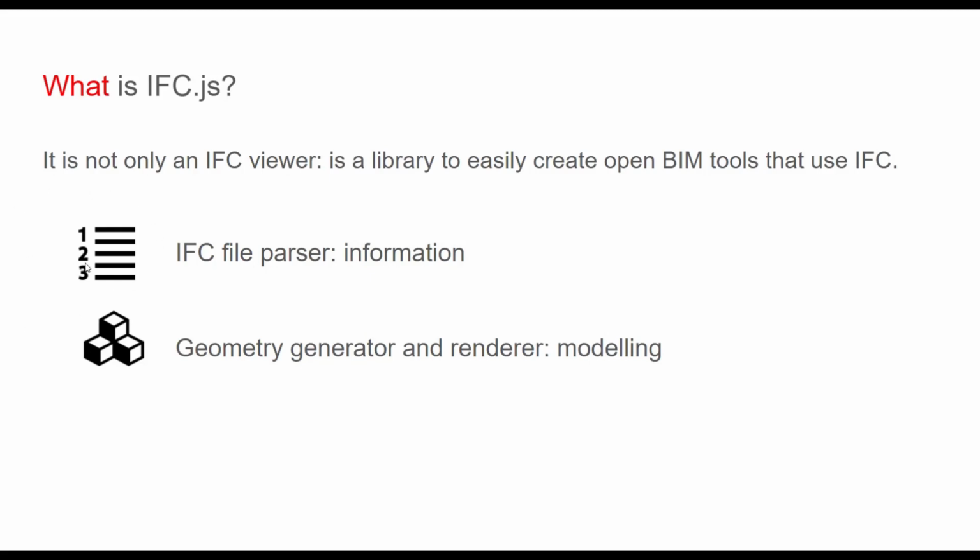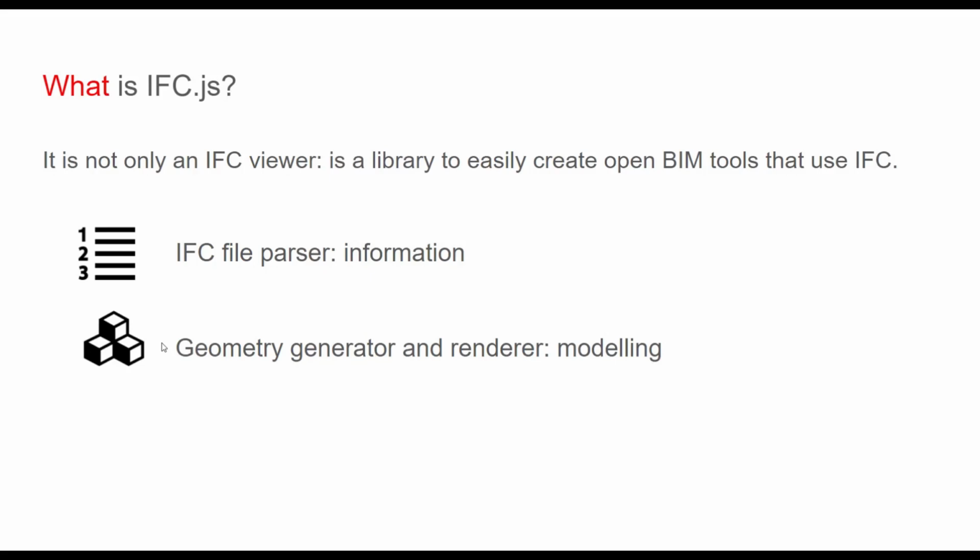The first part is parsing, which consists of reading the IFC line by line and converting this information into JavaScript information, a JavaScript object actually that is loaded in memory. And then with this, or a JSON if you prefer, it converts the IFC to a JSON. And then with this information that is loaded in memory, it generates the geometry that is contained within the IFC file.